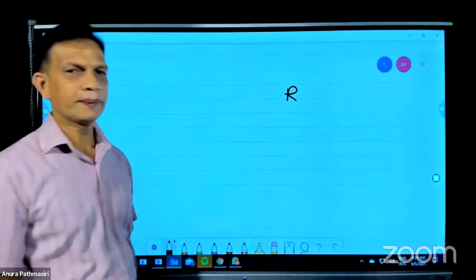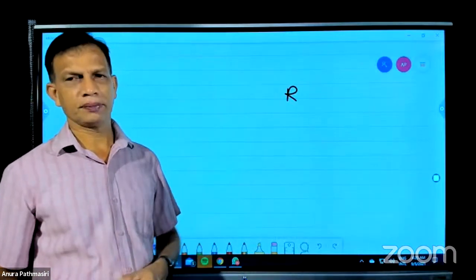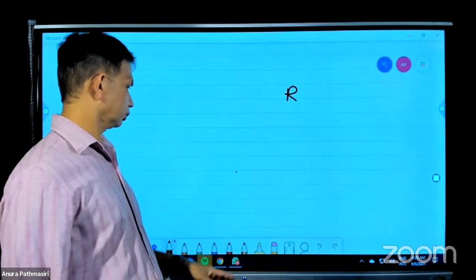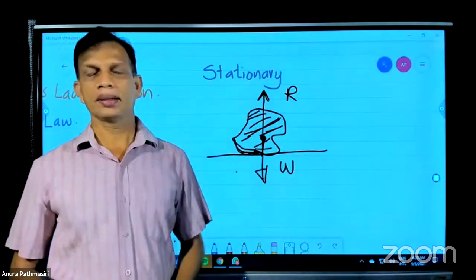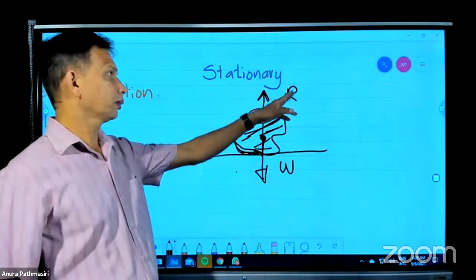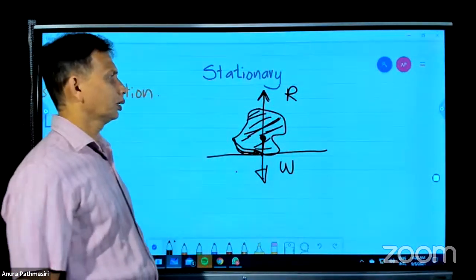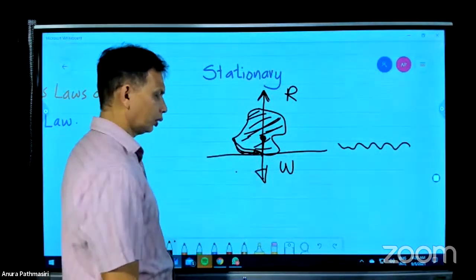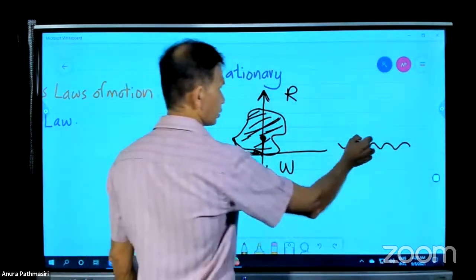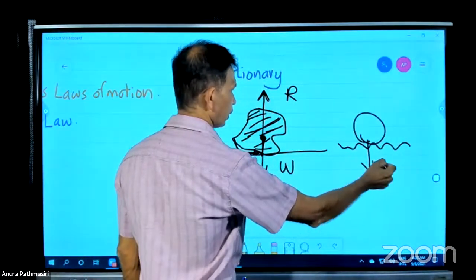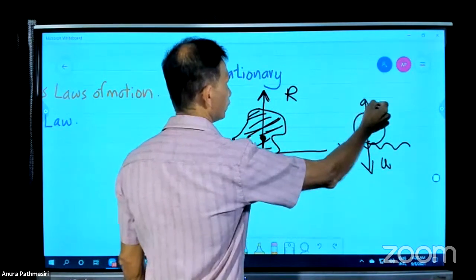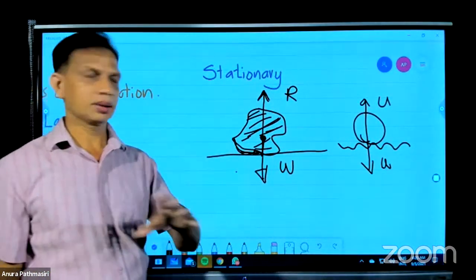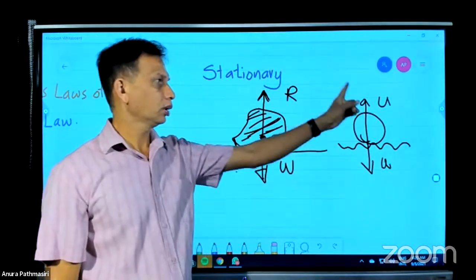If it is on land, it is the normal, perpendicular force we can call R. If this is on water and floating, it is the downward W and the upward upthrust, which is exerted by the liquid on an object.